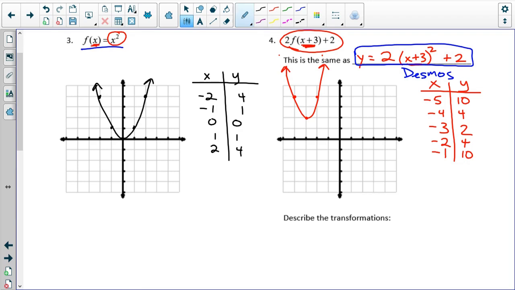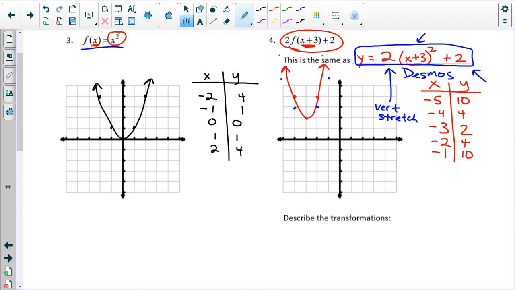But basically what we found would happen from our notes earlier is that the first 2 should be a vertical stretch. And that makes sense because if I look at the typical graph, it would look something like this.